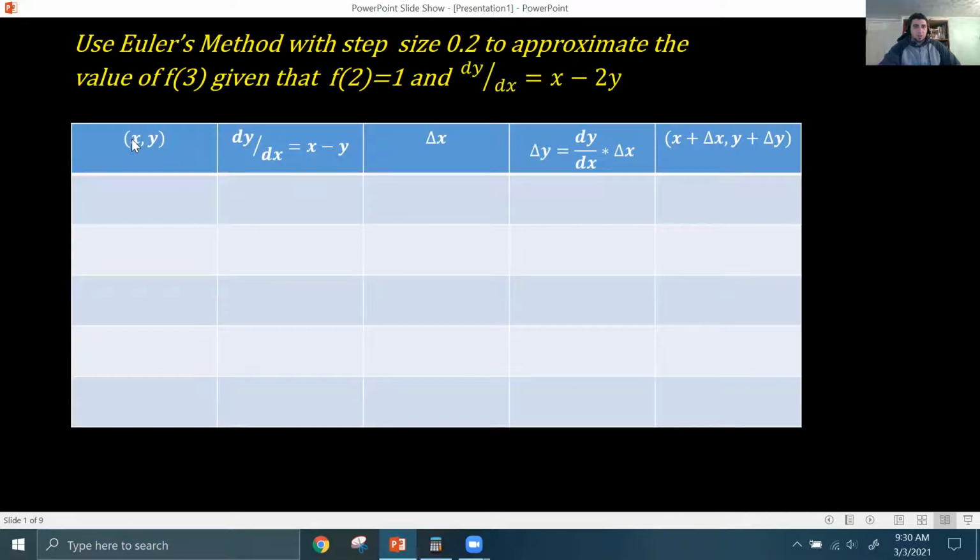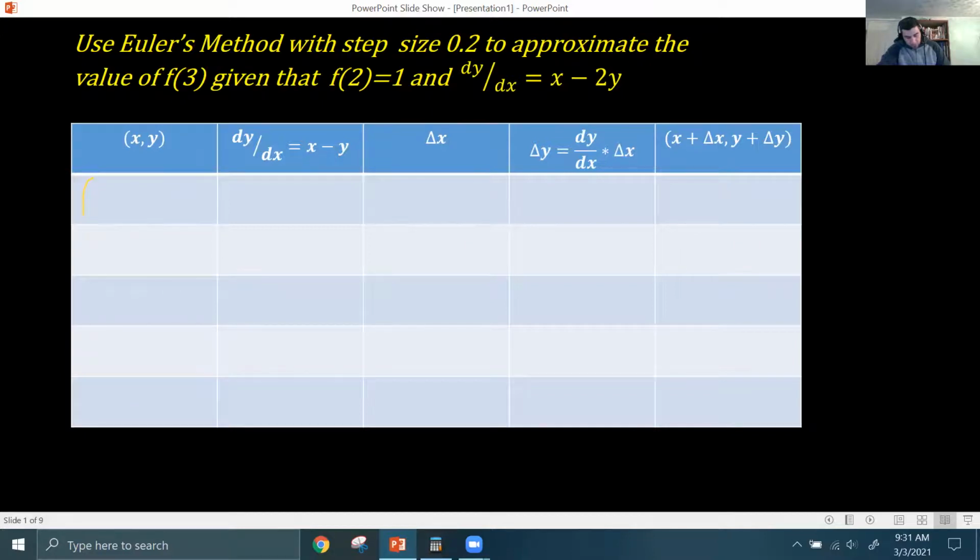We're dealing with the initial point, we're dealing with the value of the slope, we're dealing with the change in x, we're dealing with the change in y, and then this is going to be our new point. And we'll explain that in a second. Then I put 5 lines here because we're going to do this process 5 times to get to f of 3.